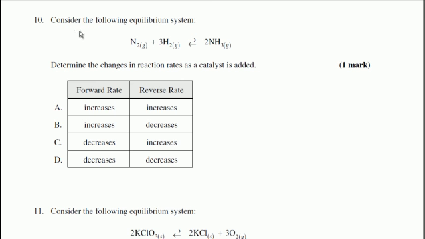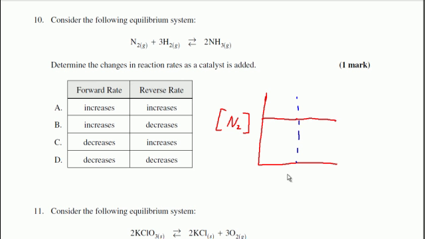Number 10. Consider the following equilibrium system, and here we are given this equilibrium. Determine the changes in reaction rate as a catalyst is added. This is a tricky question because a lot of people want to do something like this. They're used to these graphs, where if you're given the concentration of N2, here is your concentration of N2, and they say as soon as you add a catalyst, well, the concentration remains the same.